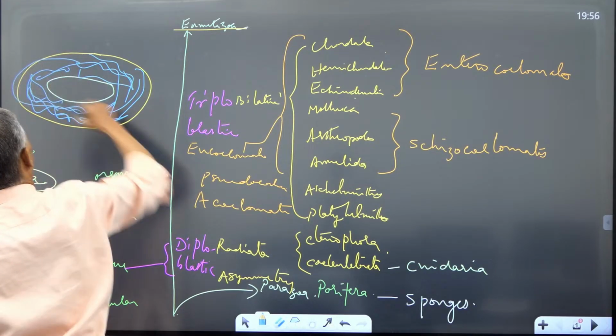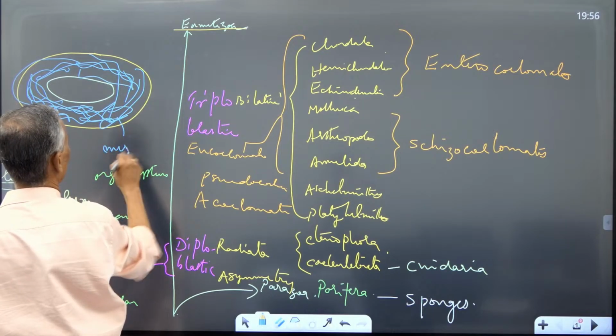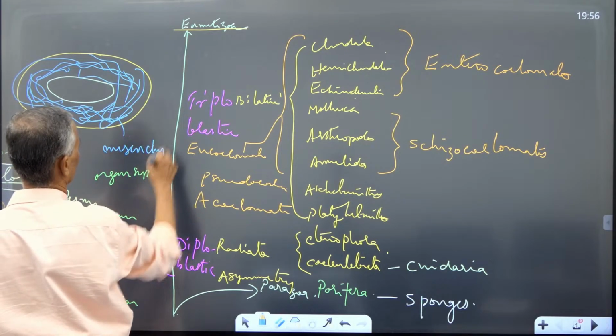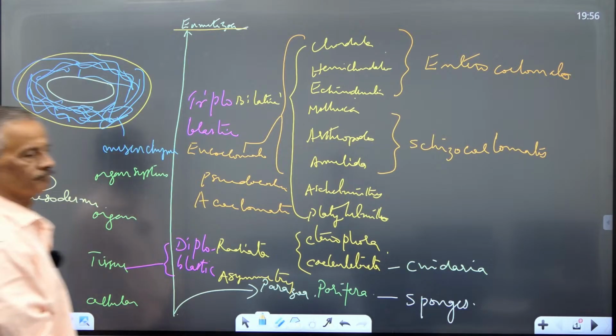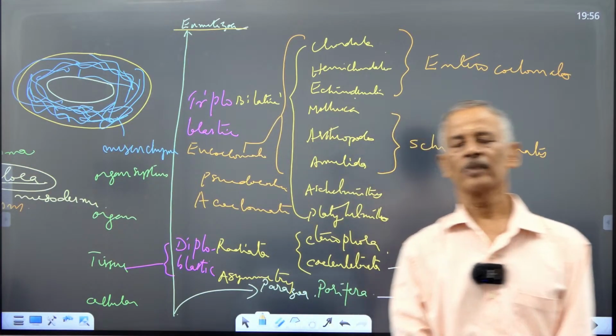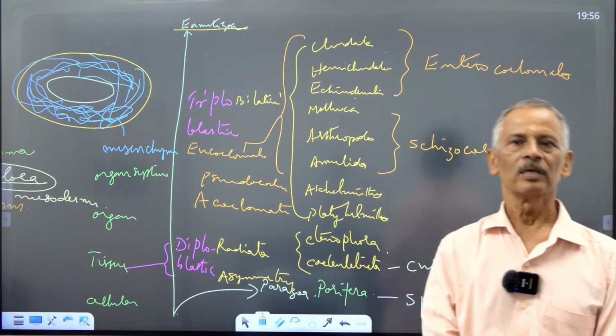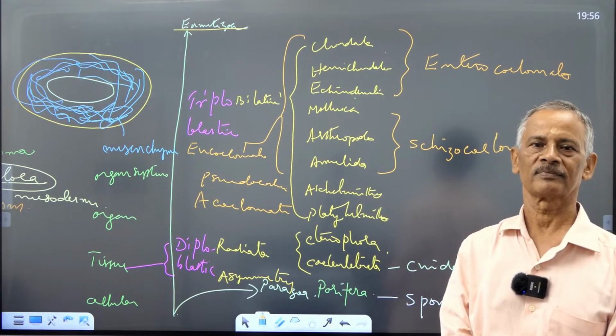This parenchymatous tissue is called mesenchyme. The only phylum which is a triploblast having no coelom is platyhelminths. Clear?